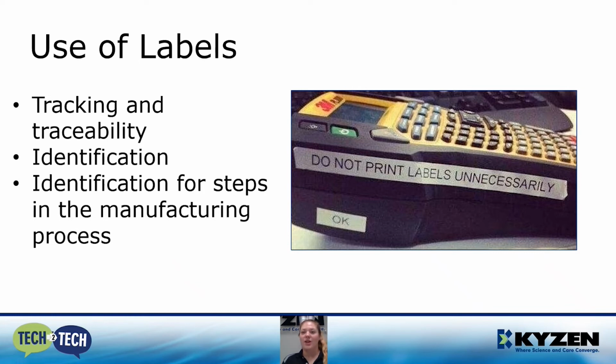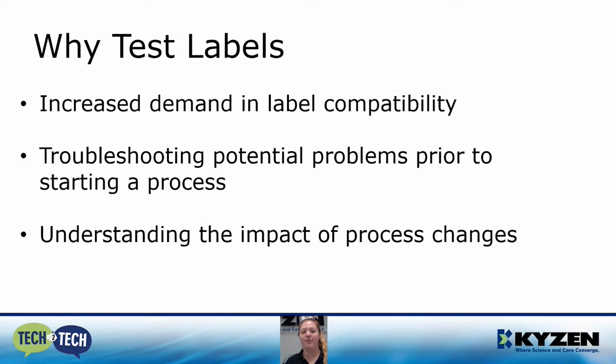Identification, understanding what that specific part or board is. And then specific identification steps in the manufacturing process. If there's a different reflow that this one goes through or a different wash process, all of these can be identified with labels.